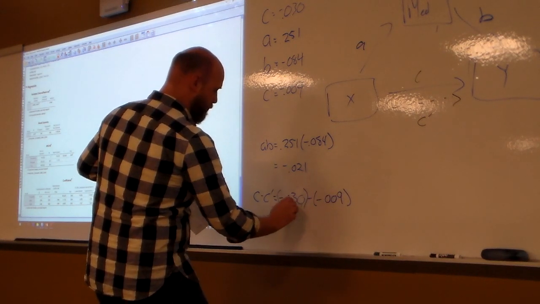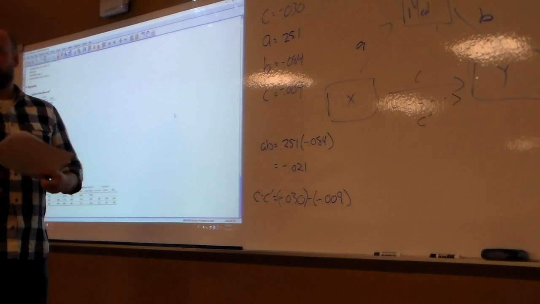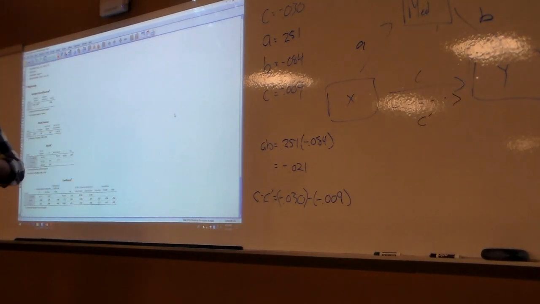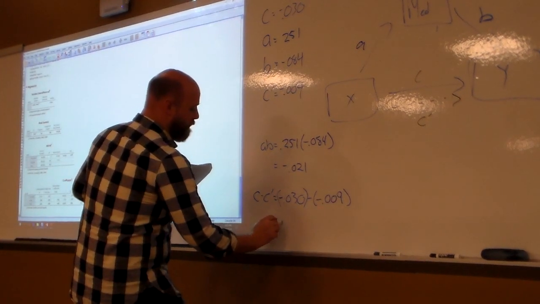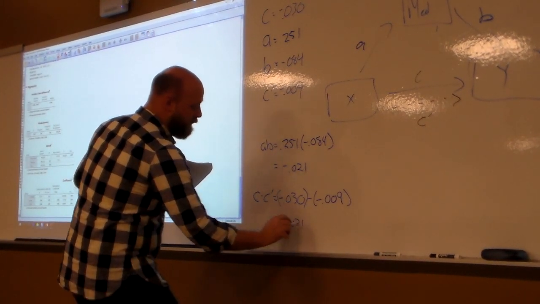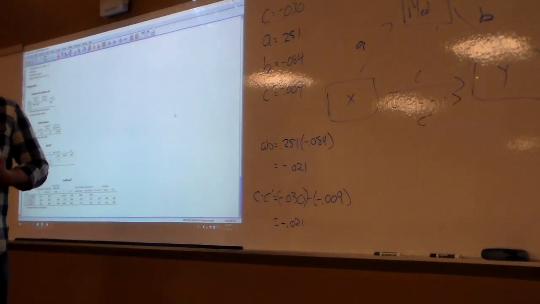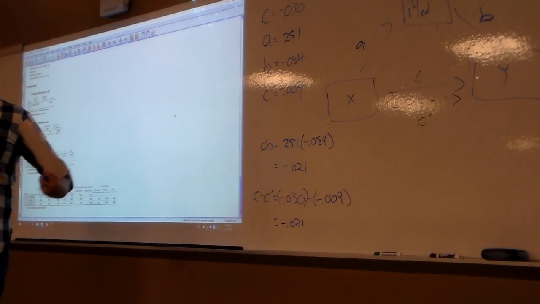Okay. What do I get if I take C minus C prime? -0.021. It's the same number, the same sort of situation, right?